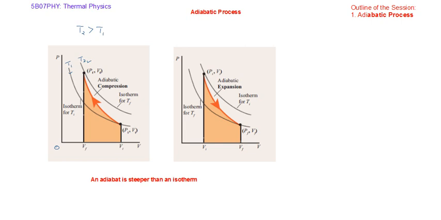Now, in the same diagram, I have represented another curve in red with an arrow. And this curve is what is known as an adiabat, or the graph corresponding to an adiabatic process. So, in the same PV diagram, we have represented two isotherms as well as one adiabat.